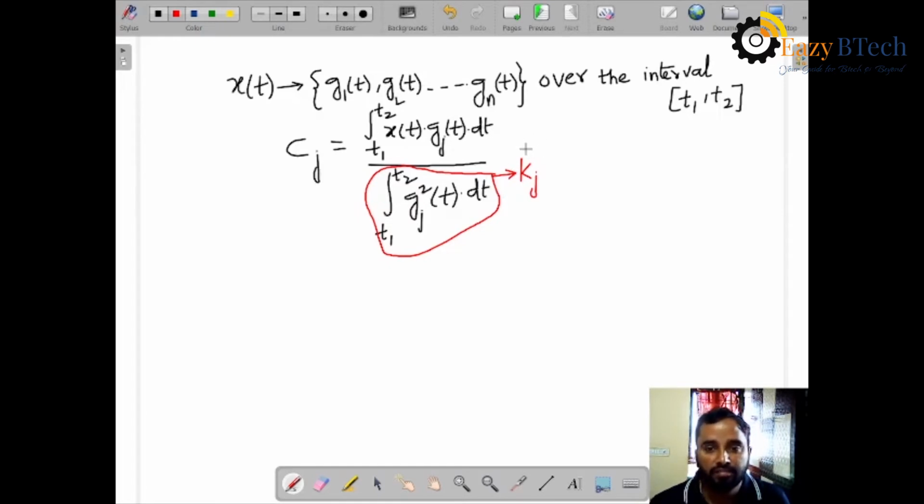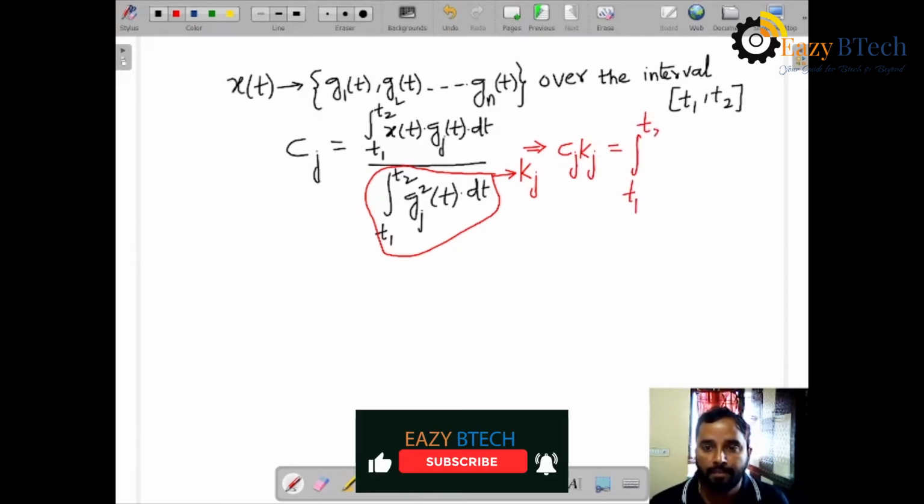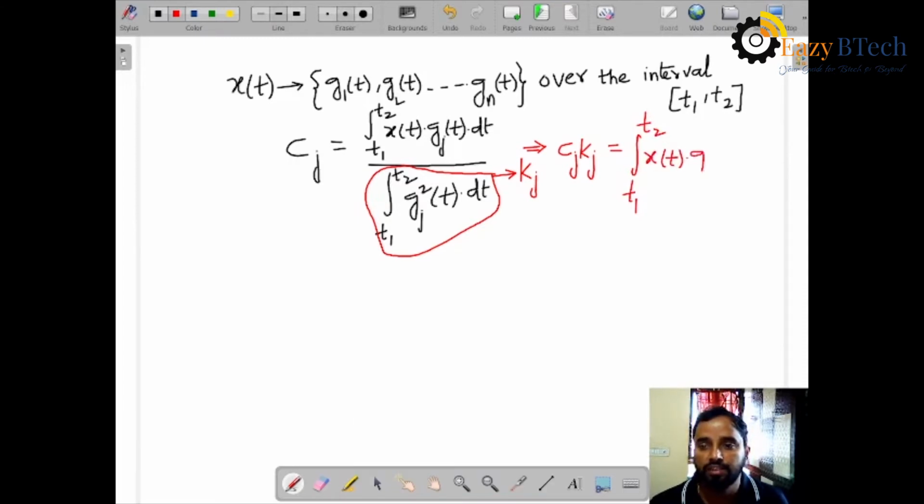Then cj into kj is equal to integral t1 to t2 of x of t gj of t dt, as the denominator moves to the left side.